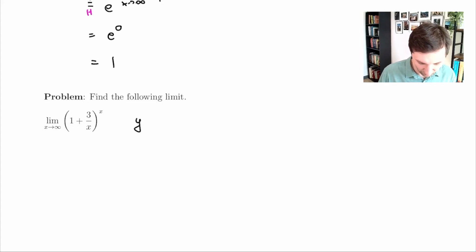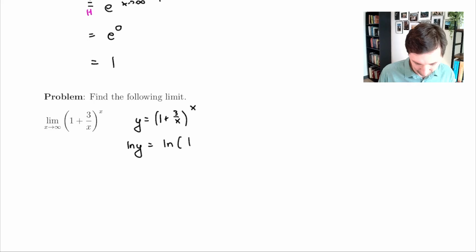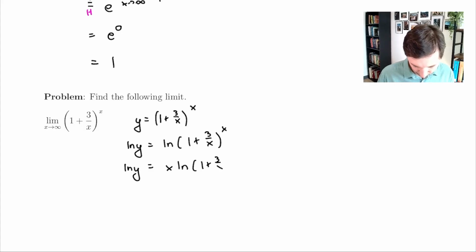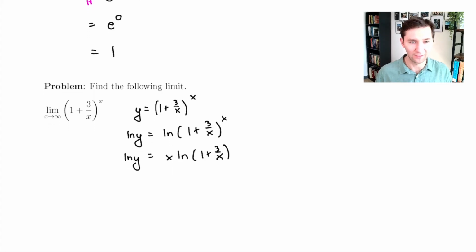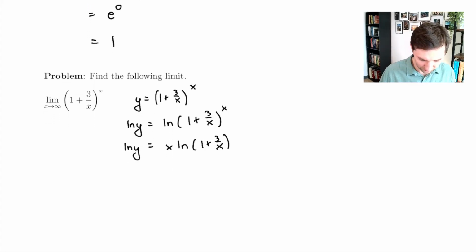I will say y equals the function that we are trying to find the limit of. So y equals 1 plus 3 over x to the power of x. Then I take natural log on both sides. Then the exponent comes down. Then I take the limit on both sides as x goes to infinity.